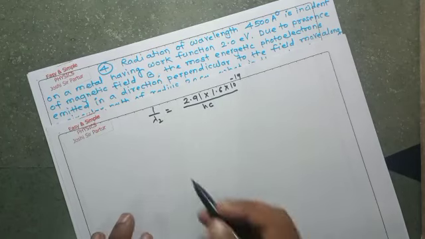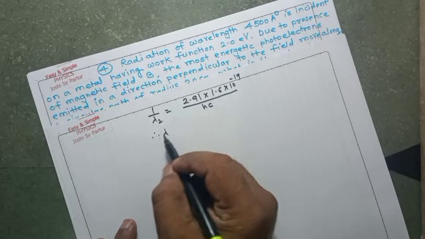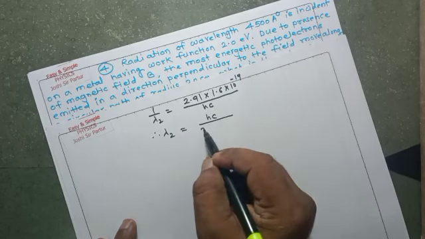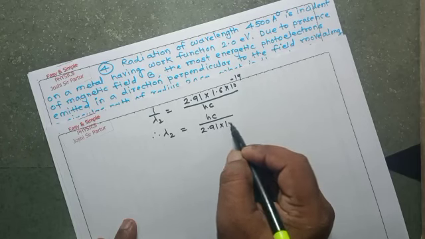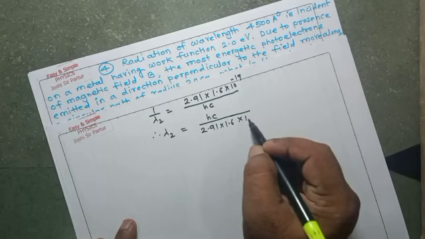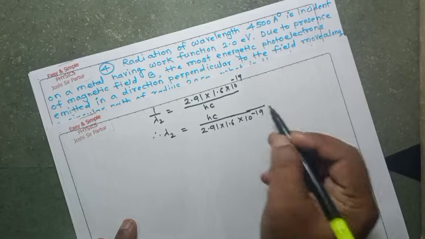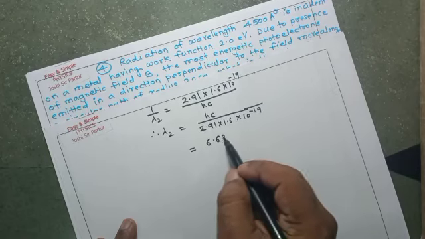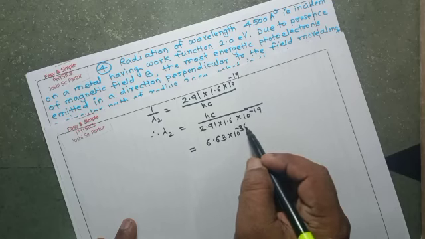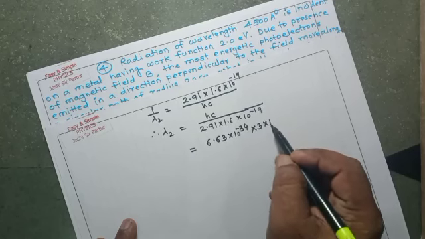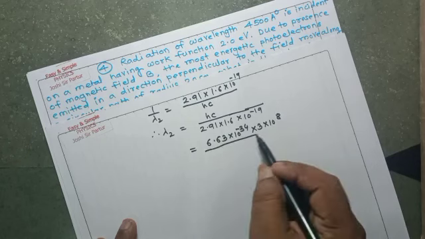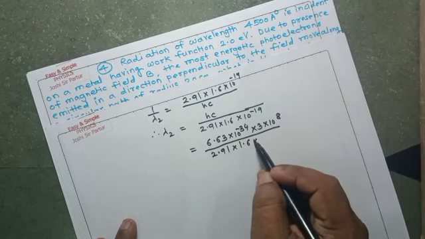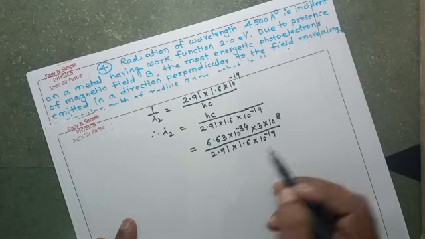So if we rearrange the term, lambda 2 equals Hc upon 2.91 into 1.6 into 10 raised to minus 19. If we substitute, that is 6.63 into 10 raised to minus 34 into 3 into 10 raised to 8 divided by 2.91 into 1.6 into 10 to the power minus 19.